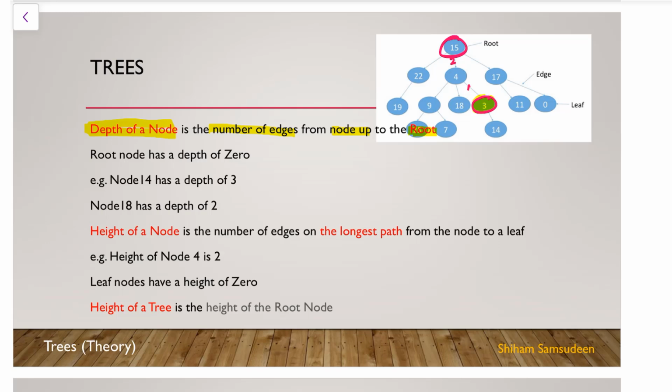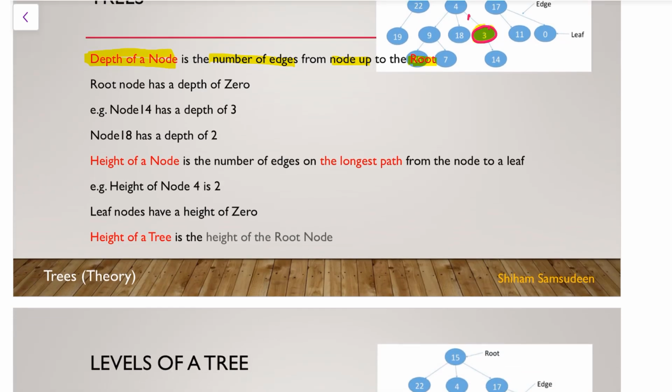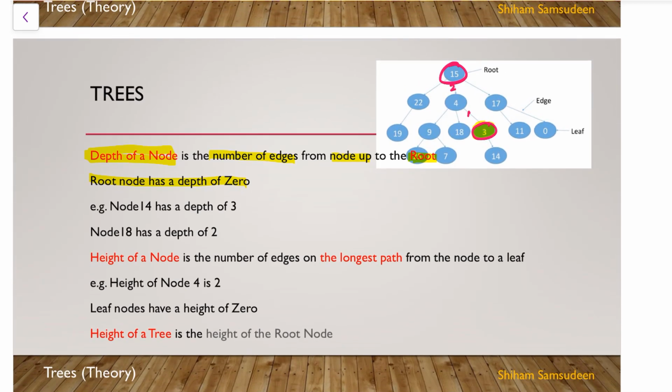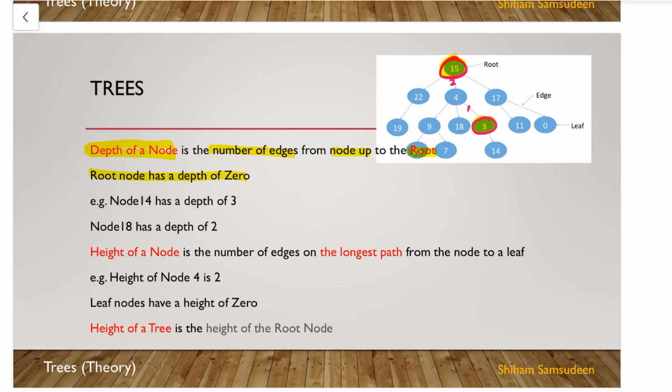So the depth of 3 is 2 here, because you have 2 edges between the 3 and the root node, which is 15. Okay. The root node has a depth of 0. From root node to root node there are no edges, so the depth is 0.